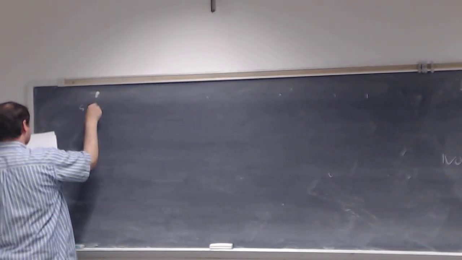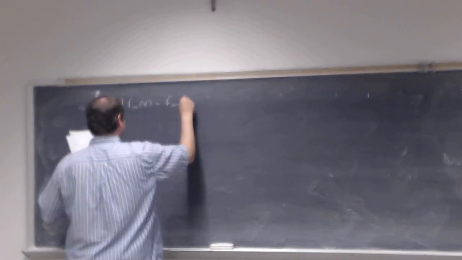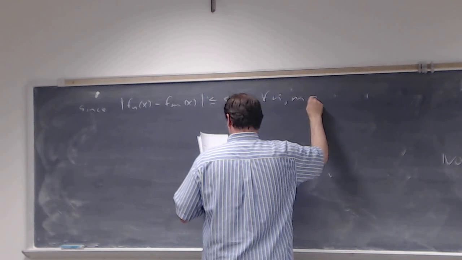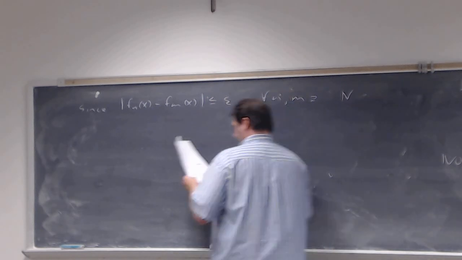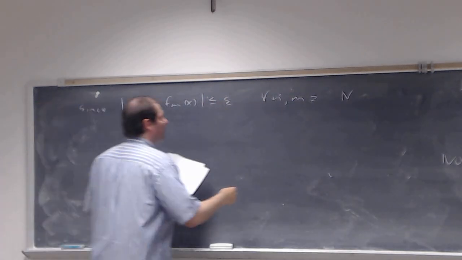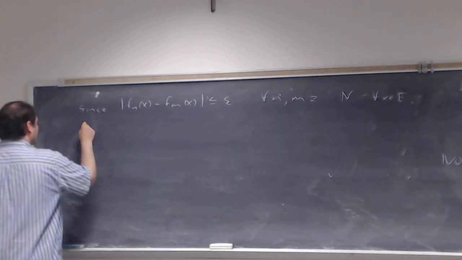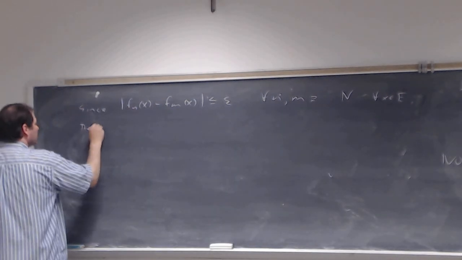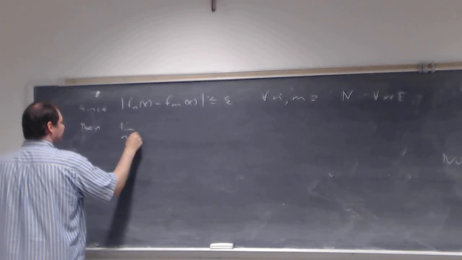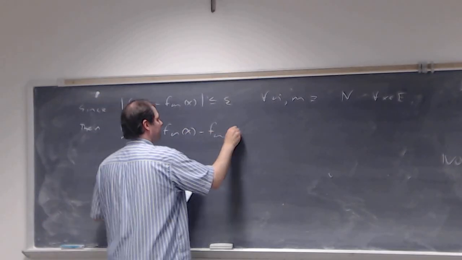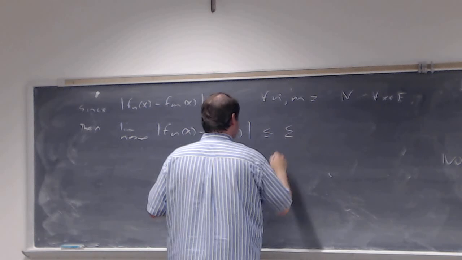The last thing is, since the norm of f sub n of x minus f sub m of x is less than or equal to epsilon for all n and m bigger than or equal to this big N, and that's true for all x element V, then the limit as m goes to infinity of this norm will be less than or equal to epsilon.